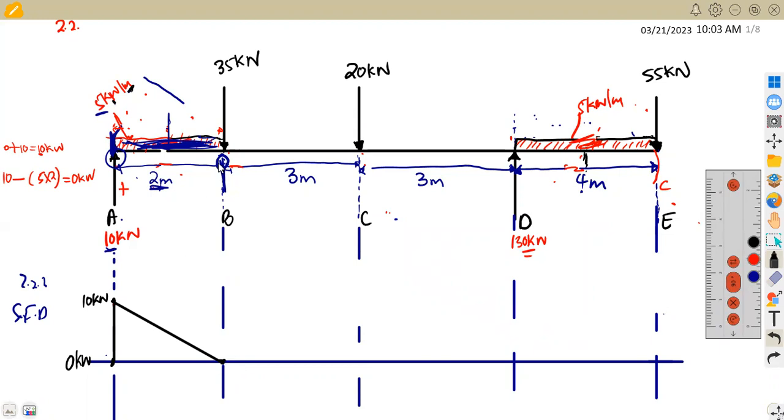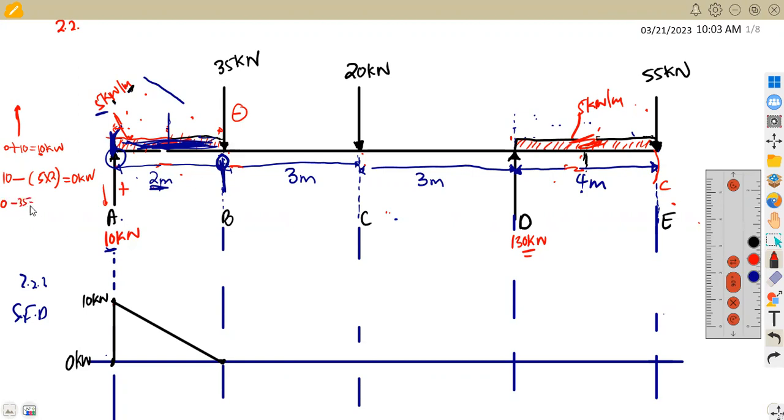At B, there is a point load which is facing down again. A point load, you're going to subtract, but this one goes straight. A support goes up straight. A point load goes down straight. It's only a distributed load which is slanted like that one. So at 0, we are going to subtract 35 kilonewton, which is our point load.